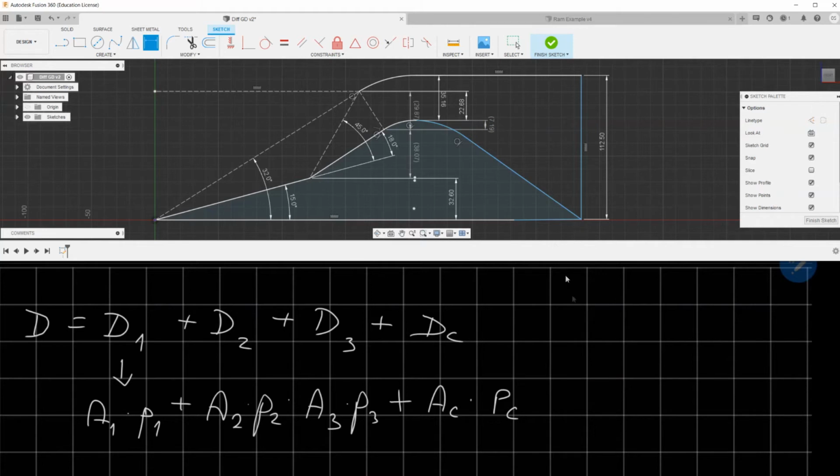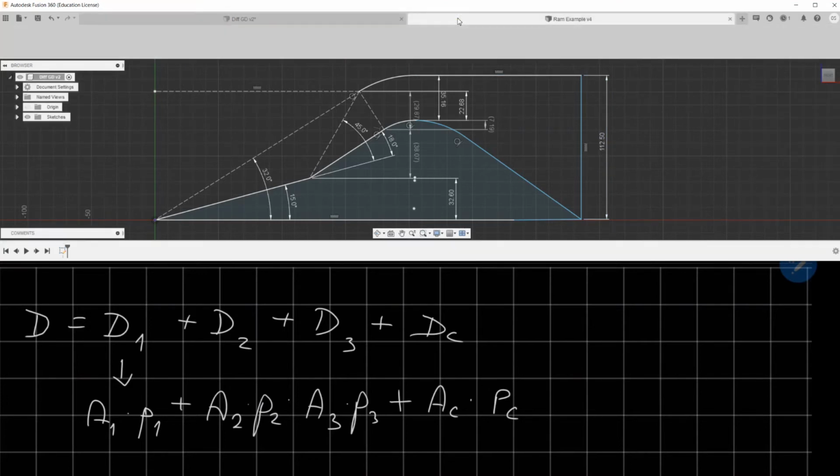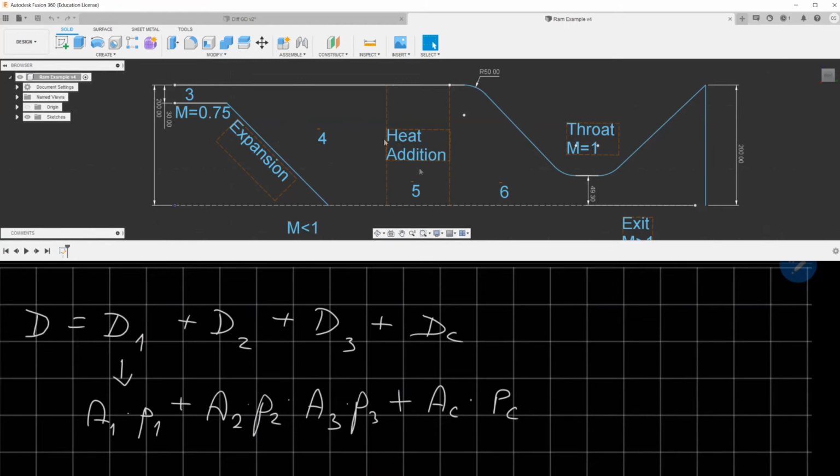And for this area on which the combustion chamber pressure is acting, you take the pressure from the calculation here after the heat addition. So it's basically this area projection. When you project this area, it gives this value, and then it goes here. So this is the wall that creates that drag. This is the wall right here.